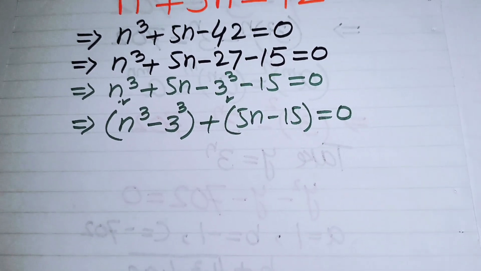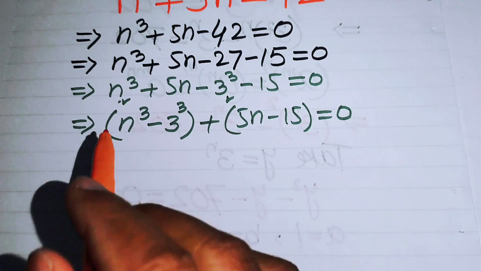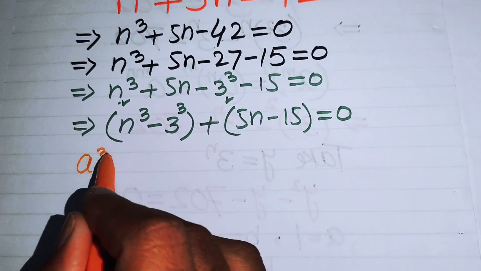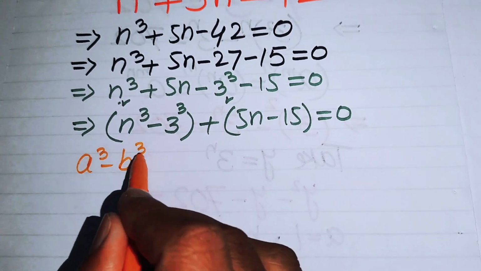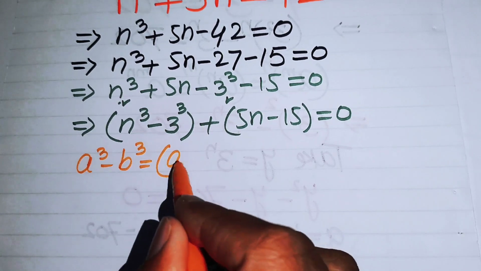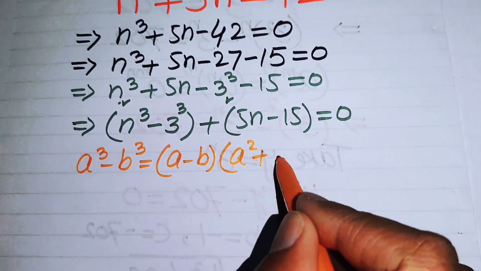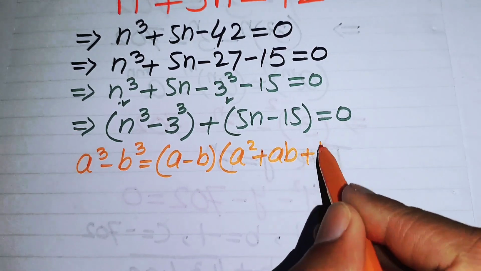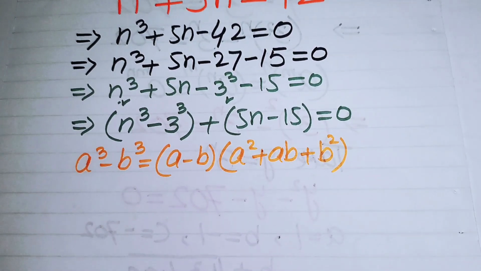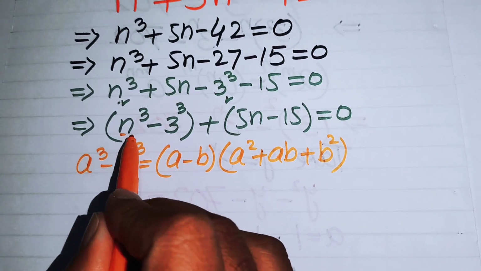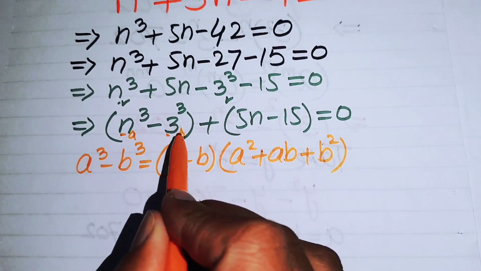So now we have these two factors, and here we use the nice important cubic formula. And you know about this formula, if we have a cubed minus b cubed, it equals a minus b times a squared plus ab plus b squared. And you see here we have a equals n and b equals 3.